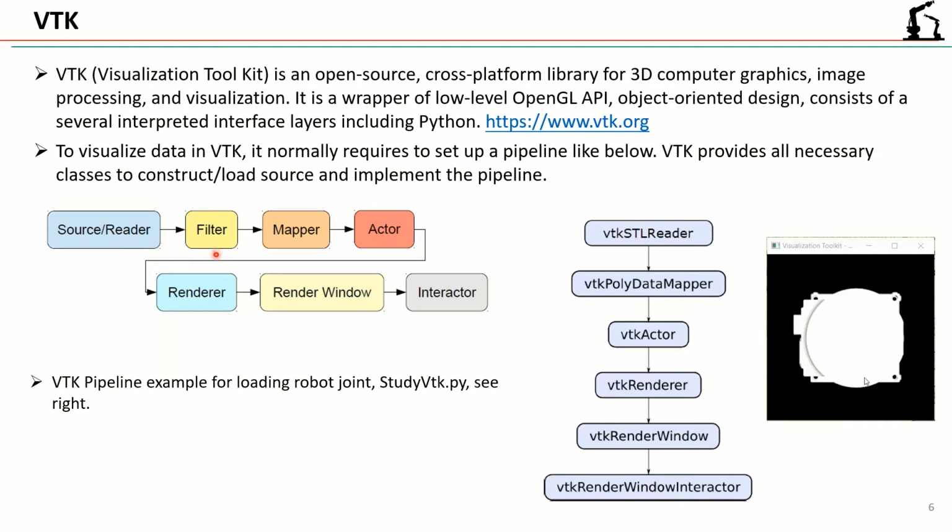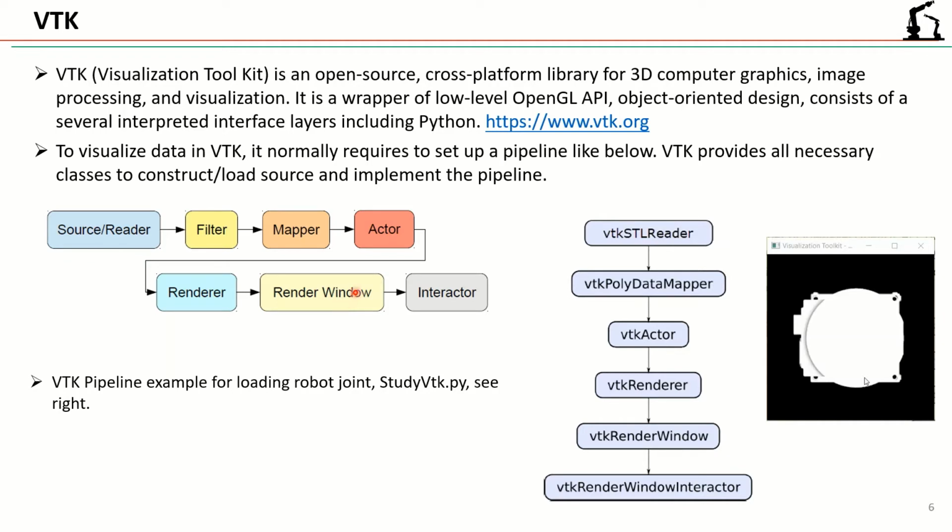The mapper is going to map the data to geometry primitives like points, lines, and triangles to be displayed by the renderer later. And the actor represents a geometry object with properties, mainly used later for any interaction.